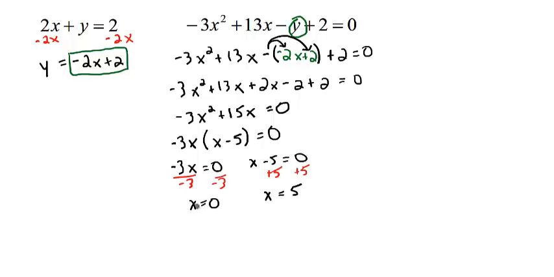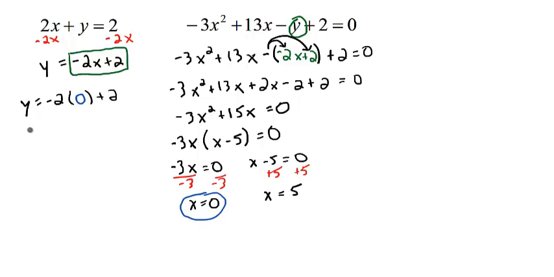So we have to actually plug x, which is 0, right here into this equation, or we could do it into this equation, whichever is easier, but I think this one will be a little bit easier. Let's go ahead and do that in blue. Okay, so this x, when we plug it into that equation, is going to look like y equals negative 2, and then we plug in that 0 for x, and we've got plus 2.